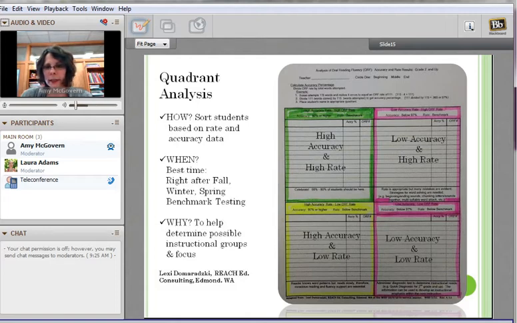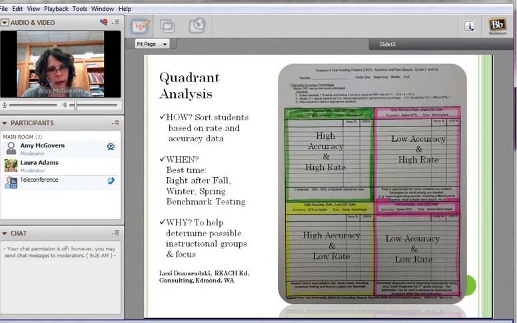So high accuracy, high rate, they've read above 97% accuracy and they've met the benchmark goal, and hopefully they've well exceeded it, because if they're just at the line, just crossed over into that green zone, it's probably not high enough, and you might want to look at them a little closer too. These kids probably have great reading comprehension already. There's probably not a lot that you need to change for them.